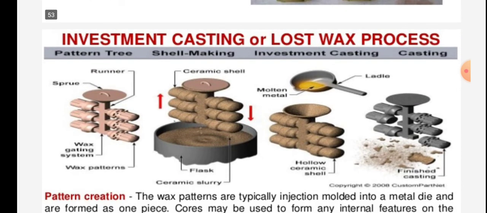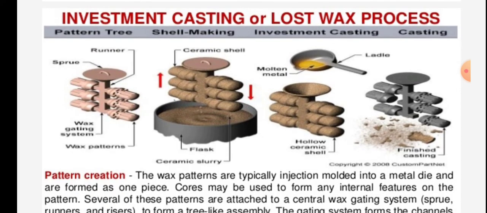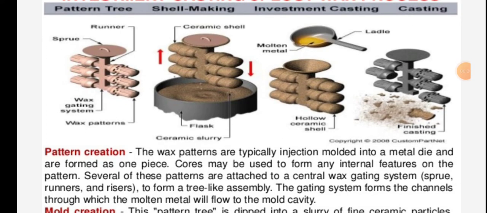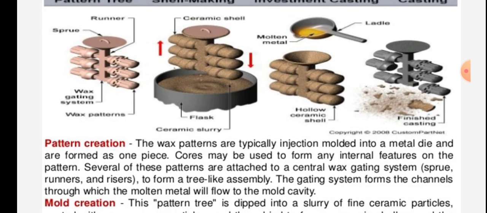Now we will see the investment casting or lost wax process. The figure shows the investment casting process, in which the first figure shows the runner, sprue, wax gating system, and wax pattern.